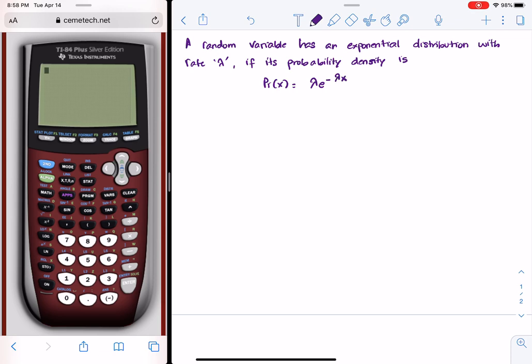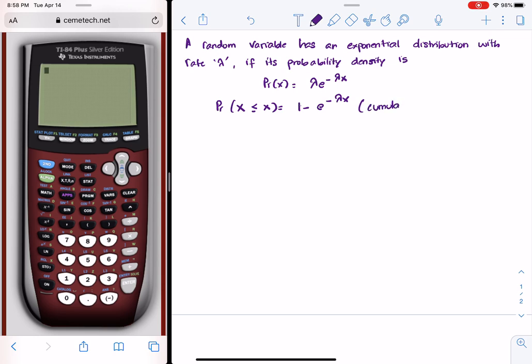It looks very much like the exponential decay model that you might have seen in algebra. It is closely related. Lambda is the rate parameter, and the probability that x is less than or equal to some value x is simply given by 1 minus e raised to negative lambda x.